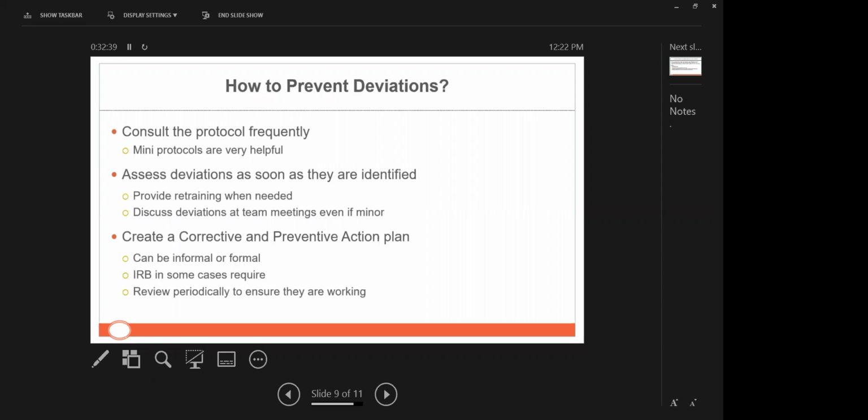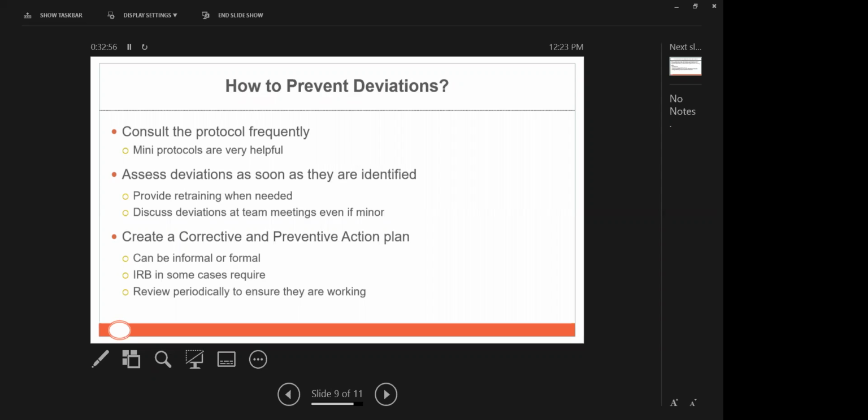You don't want to assume that because it's done in clinical practice that the protocol actually allows for it. So you always want to frequently check that, and that'll help reduce the number of deviations you have.